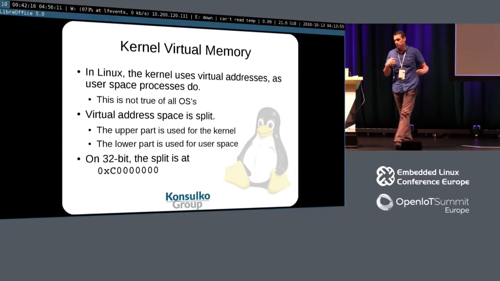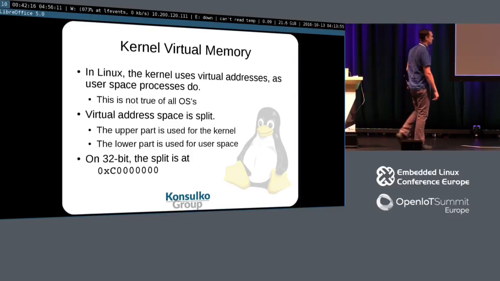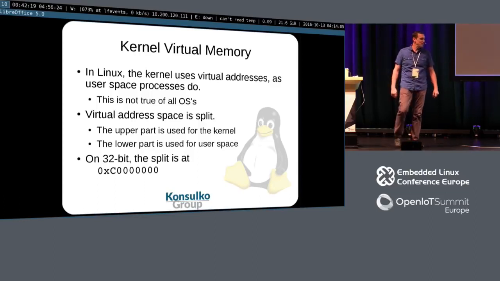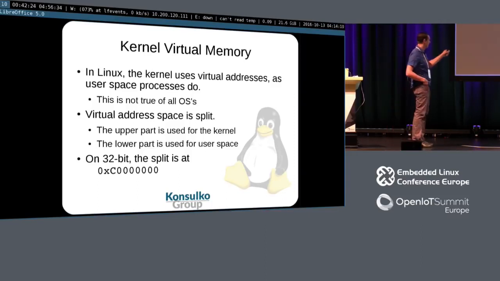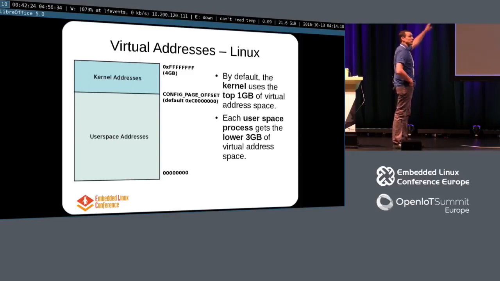And usually when we teach people about this, it's harder to think with 64-bit addresses, so we go back to 32-bit, and we affectionately call the default spot where it's split between user space and kernel space C bazillion. That's at that 3 gig location. That is a default.